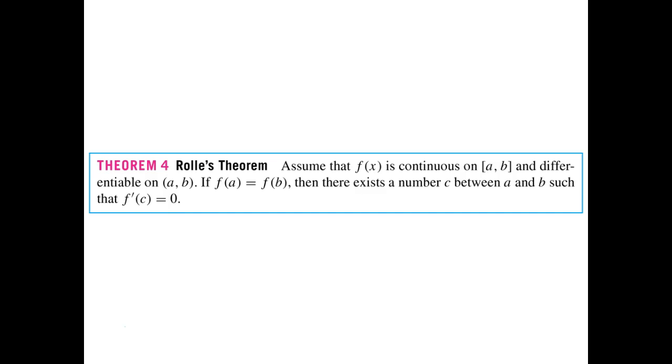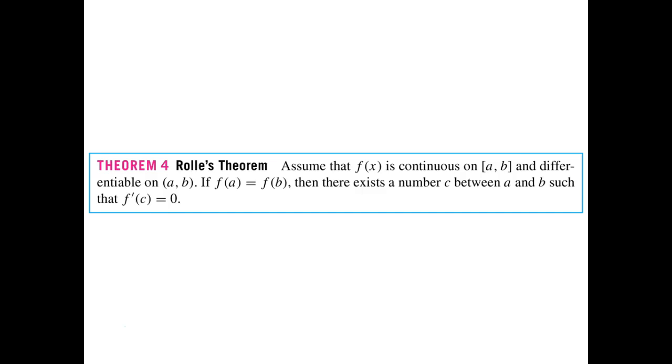So assume that f is continuous on [a, b] and differentiable on the open interval a to b. It doesn't have to be differentiable at a and at b. It just has to be differentiable anywhere between that. And if f of a is equal to f of b at the endpoints, then there has to be some number c in between where the first derivative at c is 0.